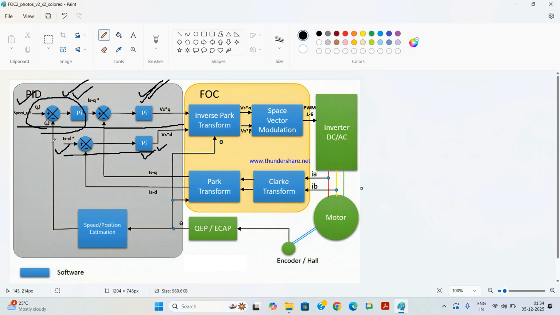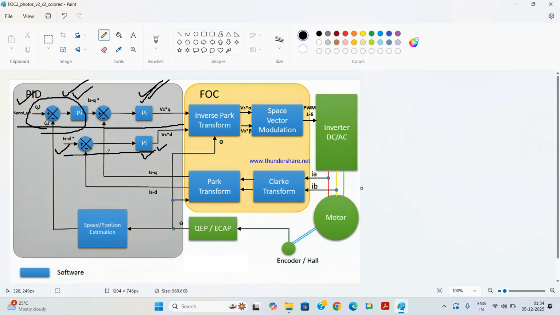So in the speed loop, what is the output? The output is the RPM, and where is this RPM coming from? Torque is there, RPM is there. So now it is very clear that in the speed loop, the output is RPM and the input is torque.